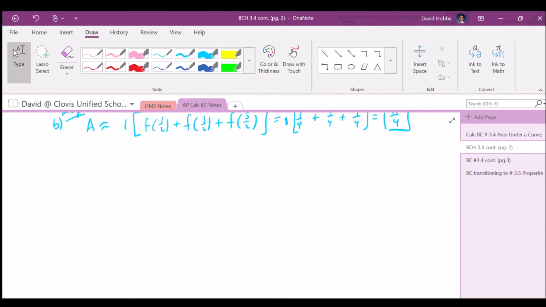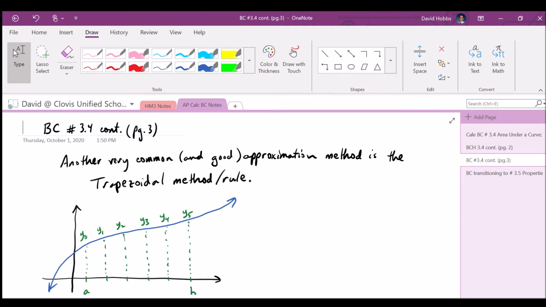Okay, moving along here. Another very common and good approximation method is the trapezoidal method or trapezoidal rule. Now all the rectangles, you all are supposed to be familiar with all the different types of rectangles. We have inscribed, circumscribed, midpoint.